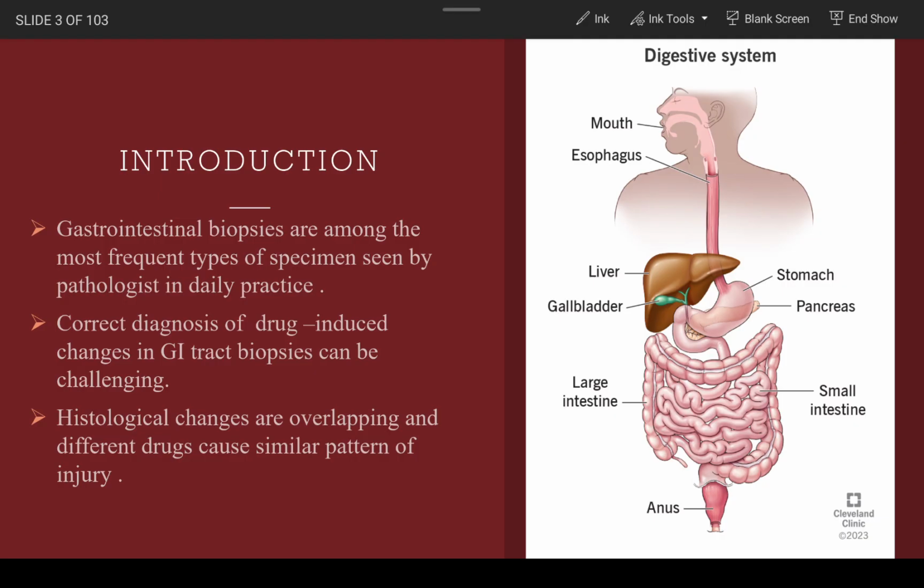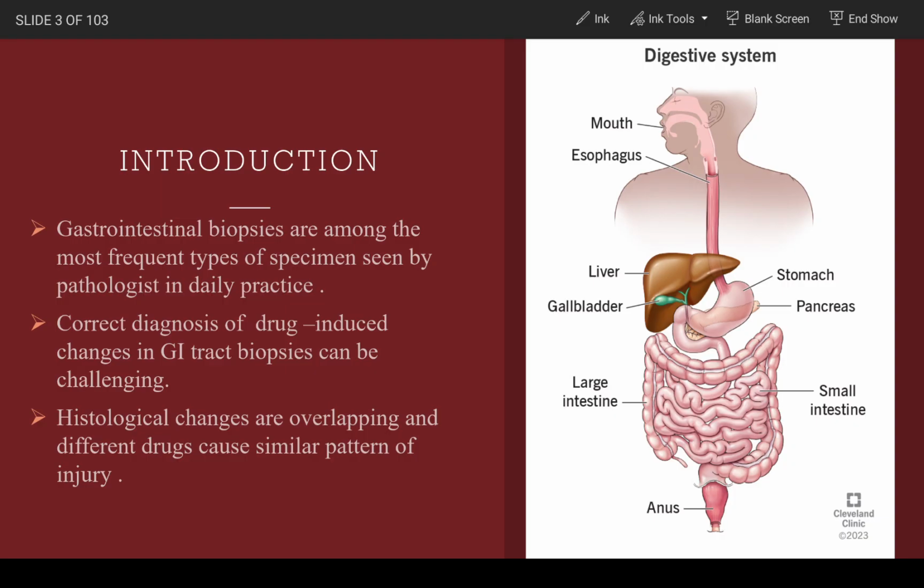So first, introduction. As we all know, GI biopsies are among the most frequent types of specimen that a pathologist sees in daily practice. Currently we get around 10 to 12 cases of GI biopsies, and we obtain so many cases.